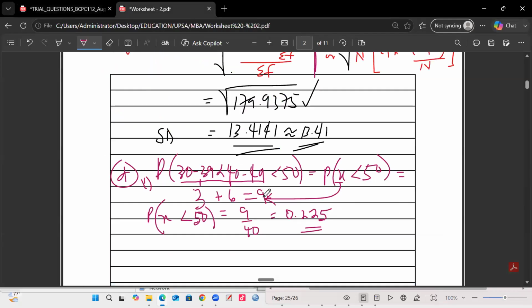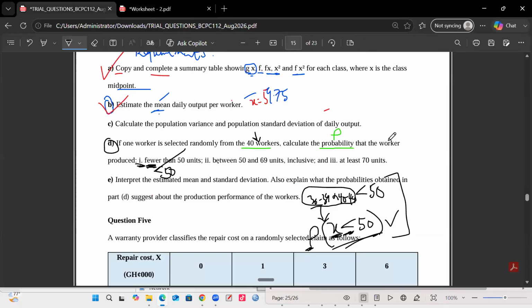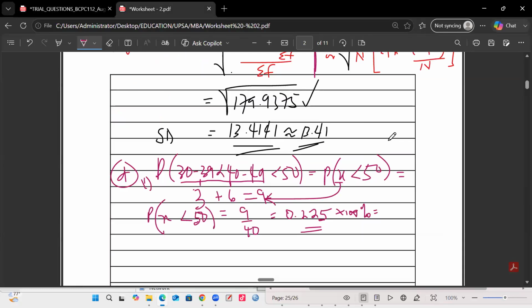When you get the probability, then you multiply by 100%. If you watch my solution to question 1, you understand it better. Then you multiply the final answer by 100. You get 22.5%.